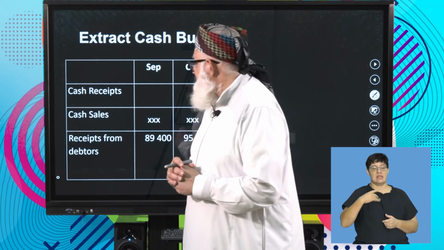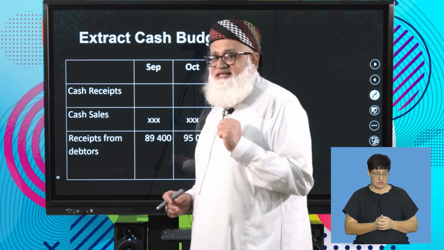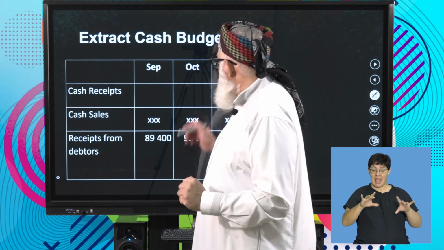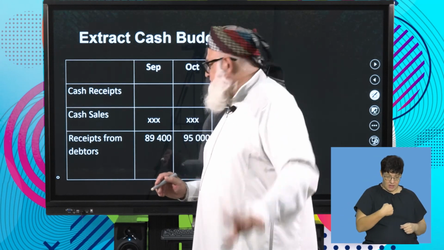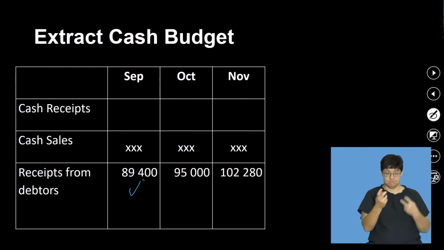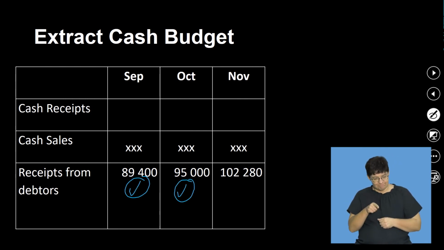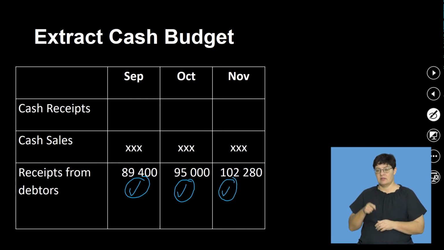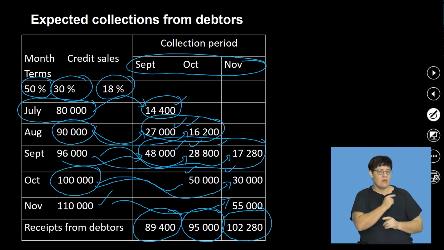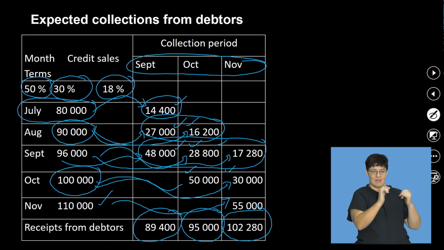In other words, if I was marking this in the exams for you, immediately if you had shown me calculations, this would be an accepted mark, this would be an accepted mark, and this would be an accepted mark. Why? Because you've shown me the calculations. You've shown me September's, October's, and November's.